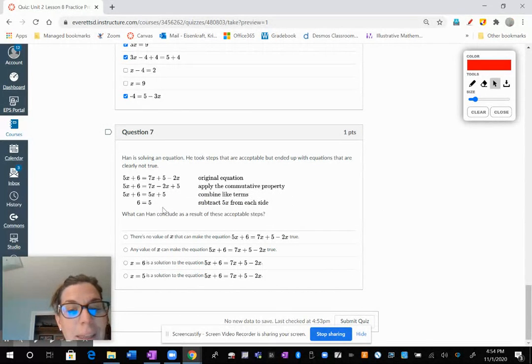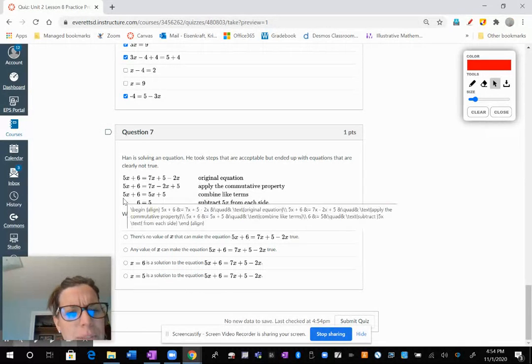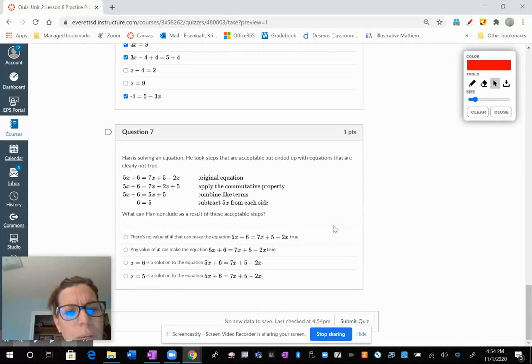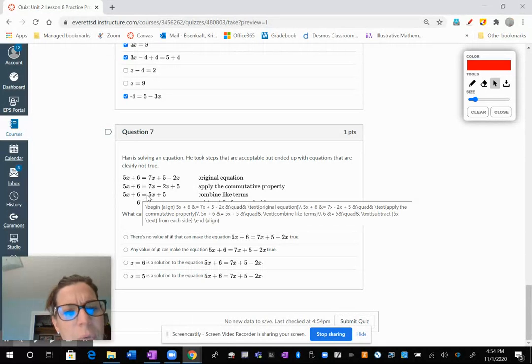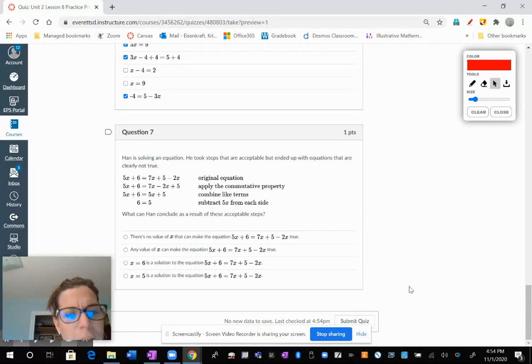That's fine. Okay. But then all of a sudden, he subtracted 5x from both sides, and he got this false equation. Well, if you look right here, whenever you have variables on both sides and the coefficients match, and then you have this other number, can 5x plus 6 ever equal 5x plus 5?